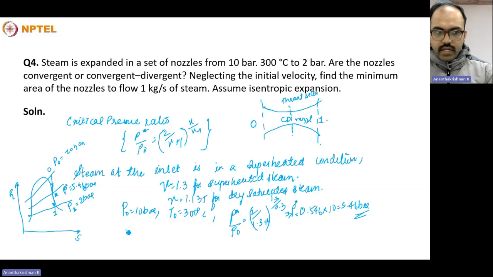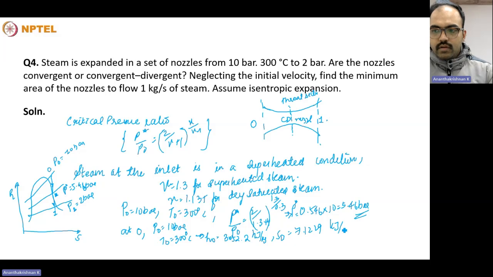So at point 0, P0 is equal to 10 bar and T0 is equal to 300 degrees Celsius. We get H0 equal to 3052.2 kilojoule per kilogram, and S0 equal to 7.1229 kilojoule per kilogram Kelvin. So at P0, P star will be equal to 5.46 bar.